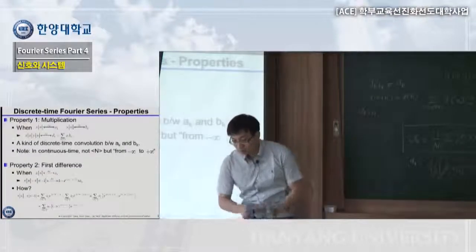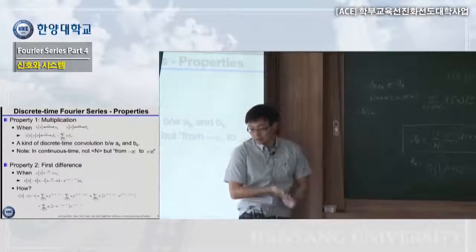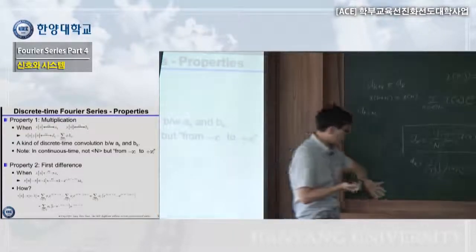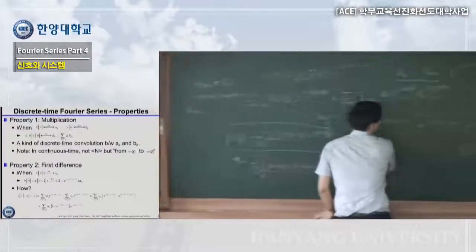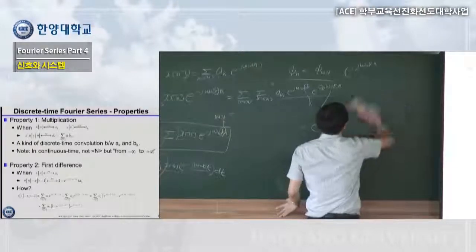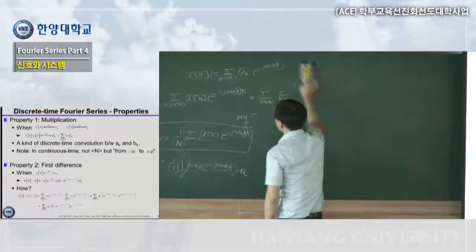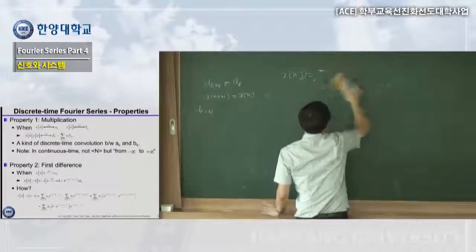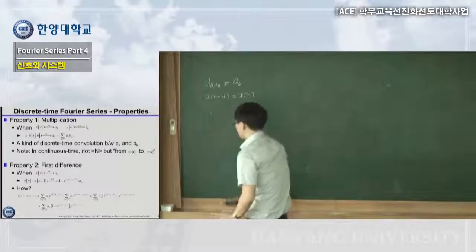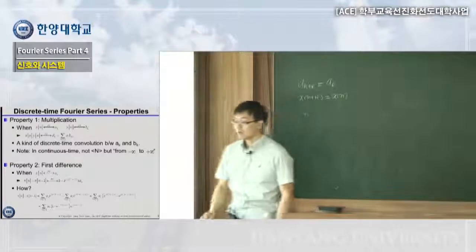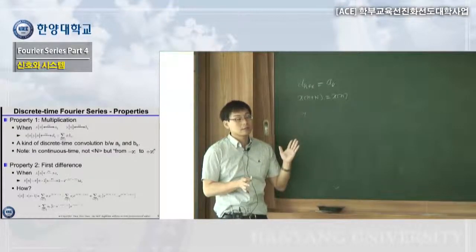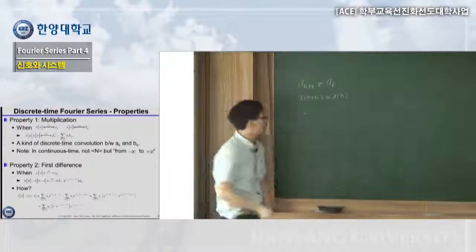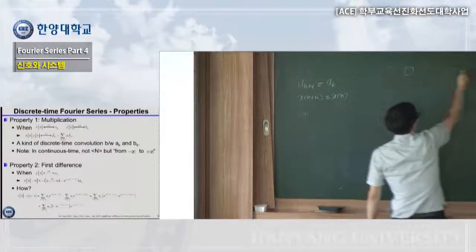So let's have some properties. But the properties for discrete time are much shorter compared to continuous time, because they are very, very similar, except for some differences. So keep in mind that differentiation in continuous time is subtraction in discrete time.